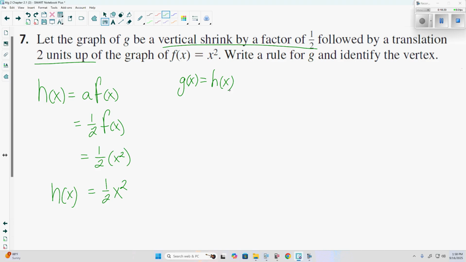Now, the only other transformation we have for this here is our translation 2 units up. So the general form for this here would be h of x plus k, where k is the amount that we move up or down. Since we're moving up 2, k would indeed be 2, and since we are going up, it would be plus 2.